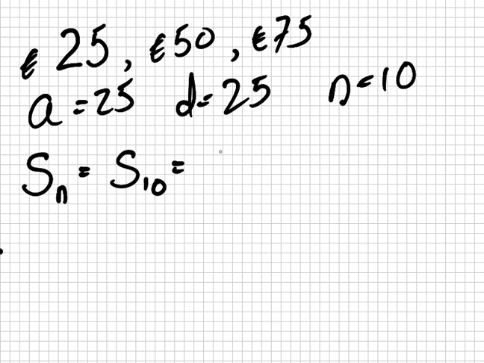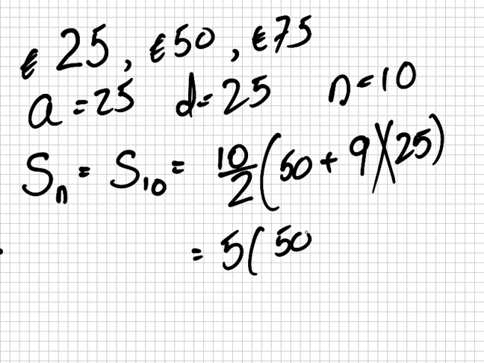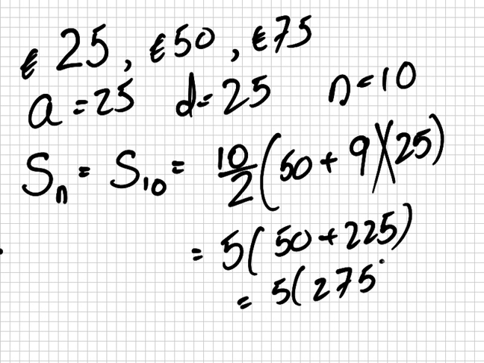Which is N over 2, 2A plus N minus 1 times D. Can you type that in? It's going to be, let's see, 5 times 50 plus 225, 5 times 275. Is that right so far? What do we get in the end? 1375? Yeah. So that's how much you get in total over 10 years.